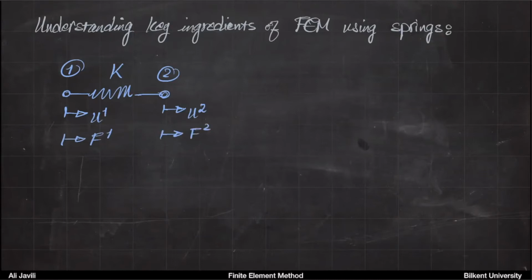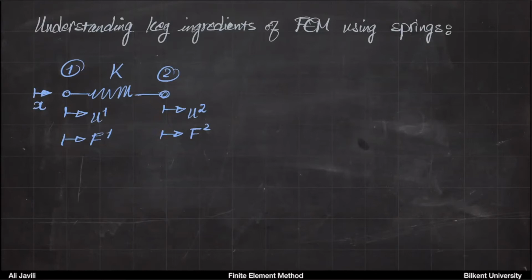Now, two things you need to pay attention to. First, I am drawing this little line here just to emphasize that our plus direction is towards the right. So this is kind of our x coordinate system, and we are talking about a one-dimensional example.